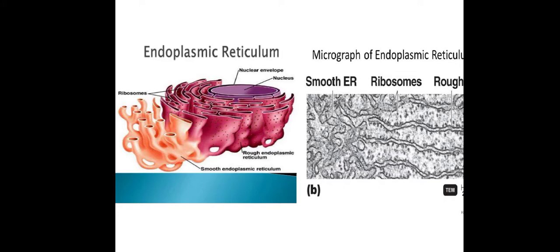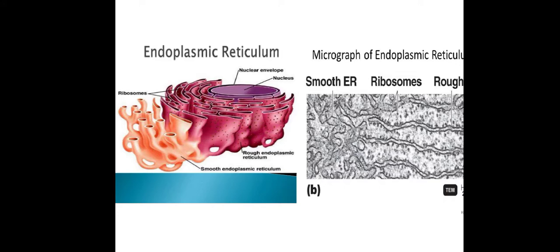In some organisms you can find a spherical structure of endoplasmic reticulum which are called vesicles. So we have three kinds of endoplasmic reticulum: cisternae, which are sac-like, tubules, which are tube-like, and spherical ones, which are vesicles.